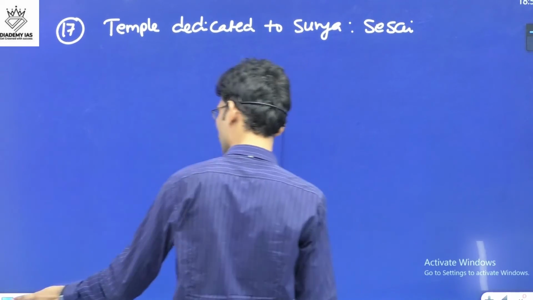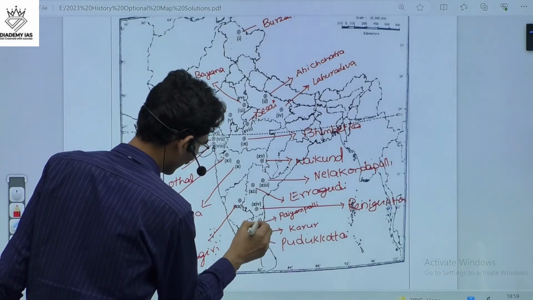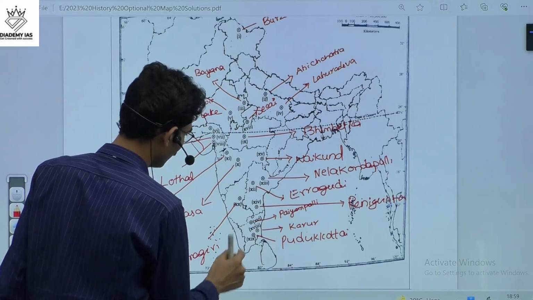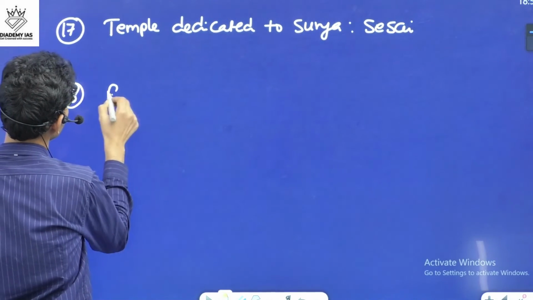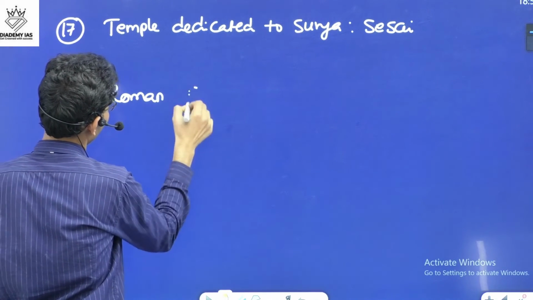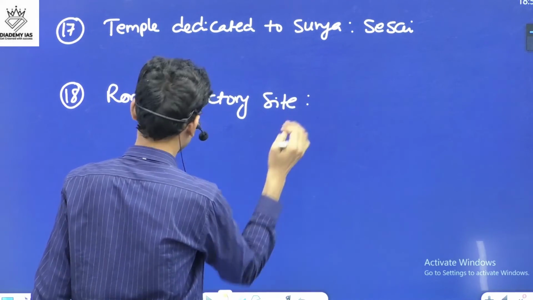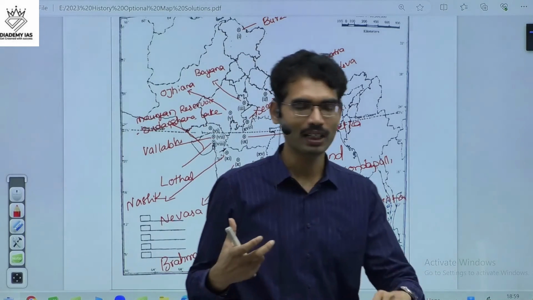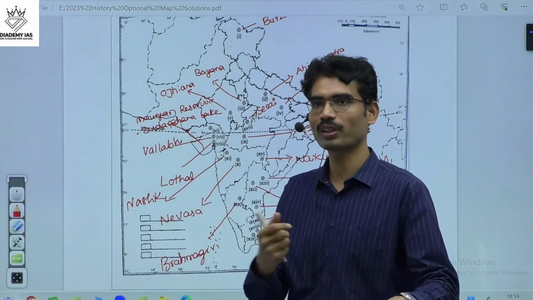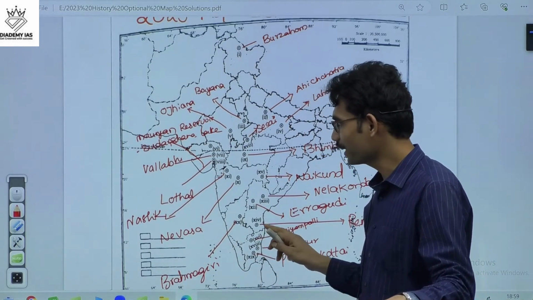Next, 18th one, Roman factory site. Which is the location? In this location. Roman factory site in Tamil Nadu. There are certain sites during the post-Mahajanapada, post-Mauryan time period, when these Sangam kingdoms were very, very active.